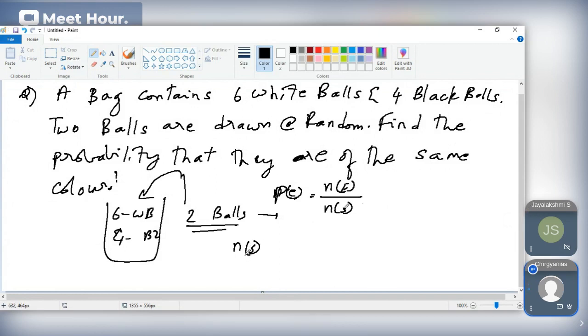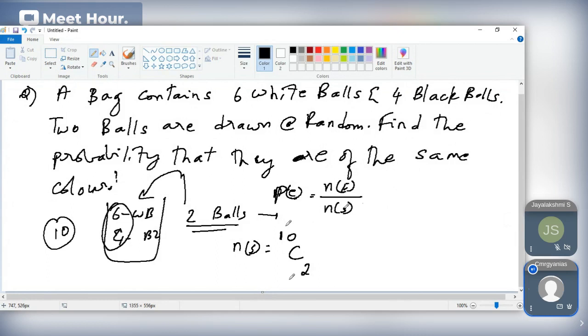N of S is 2 balls total in what it will come. Total 2 balls. So N of S is not 24. See, the total balls is how many? 6 plus 4. So there are 10 balls, right? Out of 10, because here we are selecting white ball, black ball, and all. Out of 10, I'm taking 2. 10C2 is my N of S.